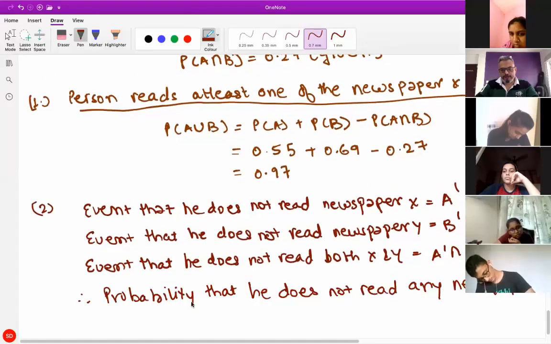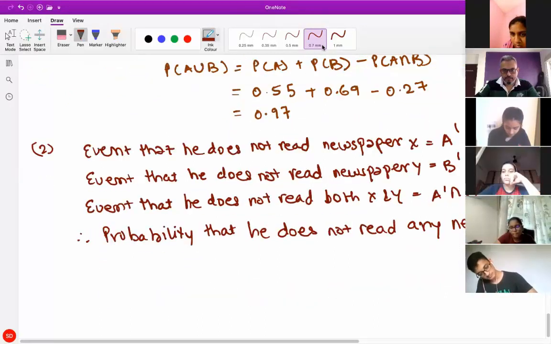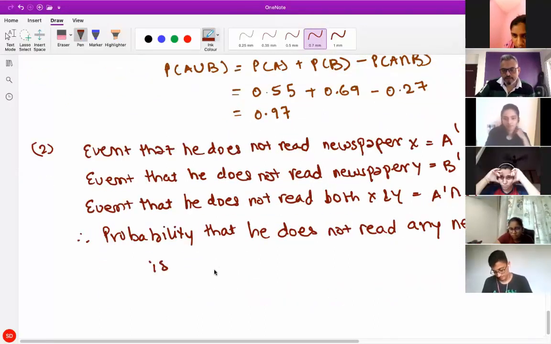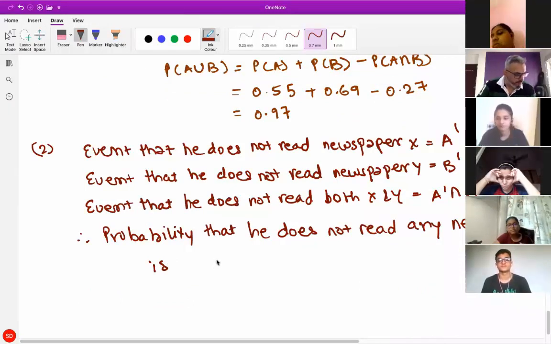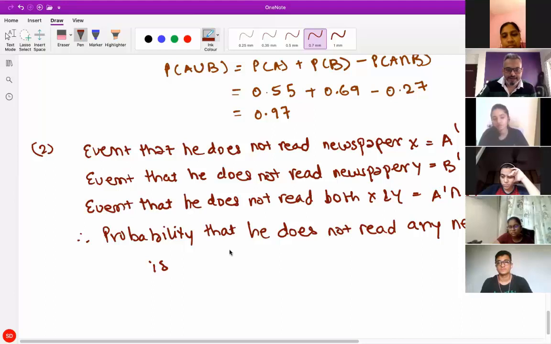Please pay attention. Now over here we have to find the probability that he does not read any newspaper, means neither A nor B nor both A and B. इसका मतलब क्या है? इसका मतलब है कि ना वो इंग्लिश न्यूज़पेपर पढ़ेगा, ना वो गुजराती पढ़ेगा, ना वो दोनों पढ़ेगा. सो तीनों पॉसिबिलिटी हमें नहीं चाहिए.